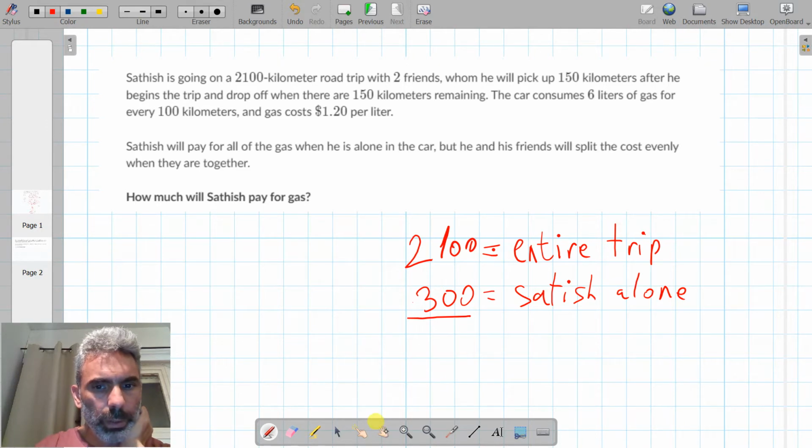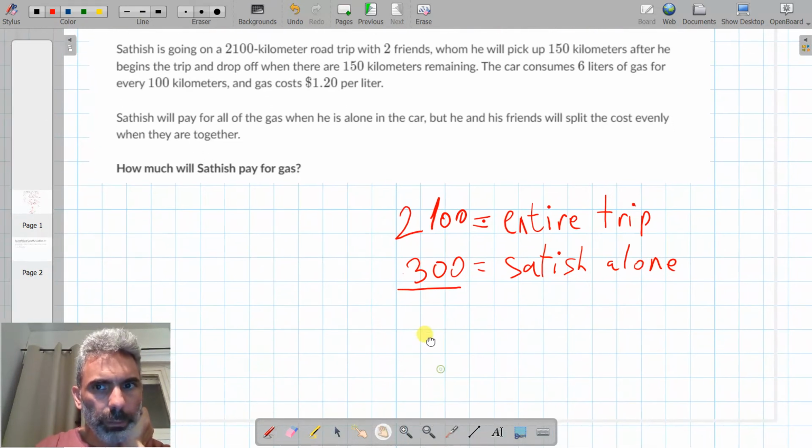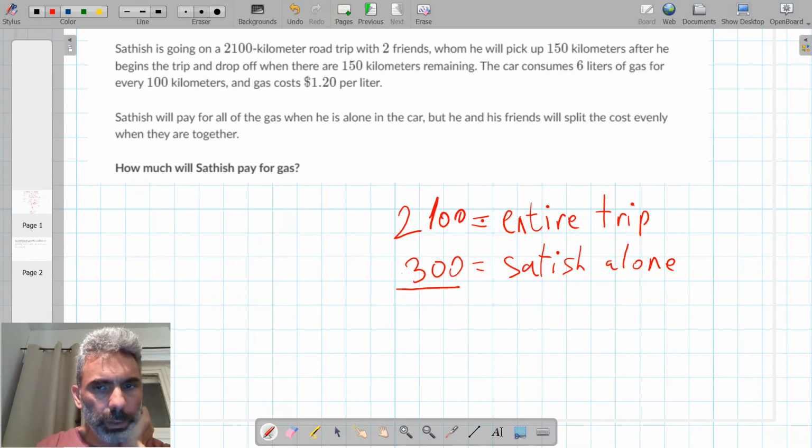Okay. So if the cost for 100 kilometers is 6 times 1.2, because to go 100 kilometers we need 6 liters, and it costs $1.20 for each liter, so 6 times $1.20 is the cost for 100 kilometers.